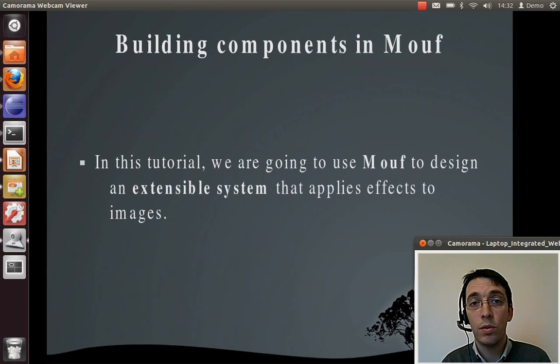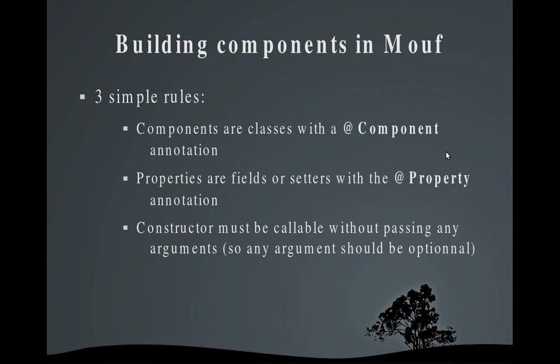To make it simple, all you have to remember is that there are three simple rules. Components are classes with the @Component annotation. If you want to specify properties, you have to put a @Property annotation. And now there is a third rule I have not been speaking about. It's that the classes you are using as components must be callable without passing any arguments to the constructor.